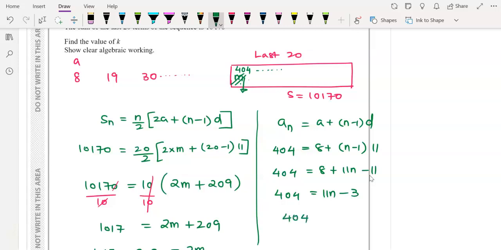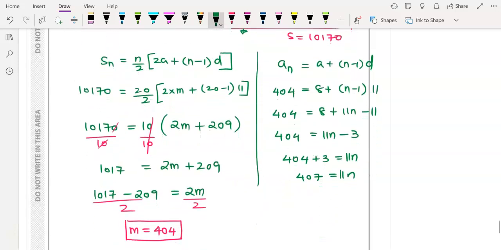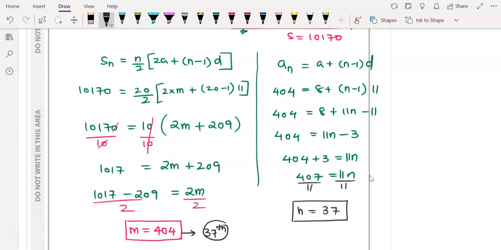So 404 plus 3 equal to 11n. So 407 equal to 11n. Divide by 11. You will get n equal to 37. So 404 is the 37th term of the sequence.